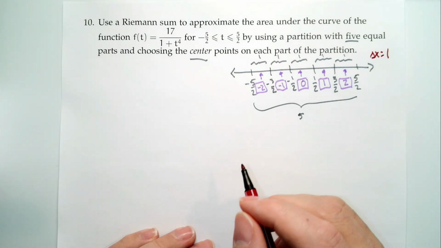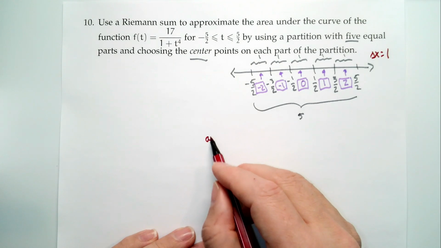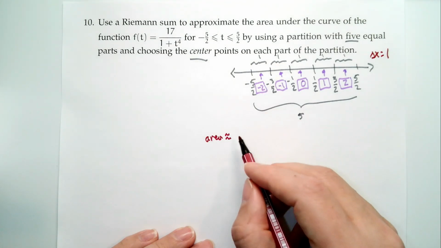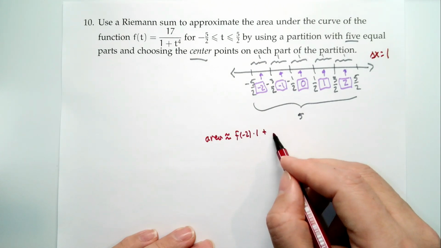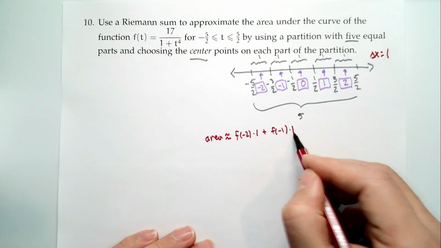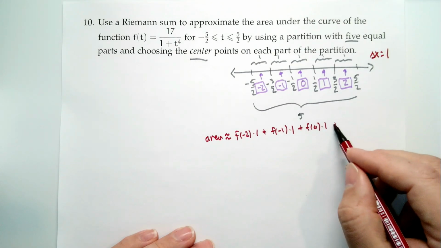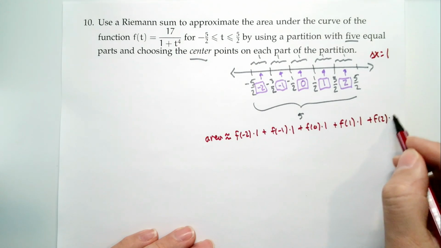So we can say that the area is approximately the function at negative 2 times 1, plus the function at negative 1 times 1, plus the function at 0 times 1, plus the function at 1 times 1, plus the function at 2 times 1.